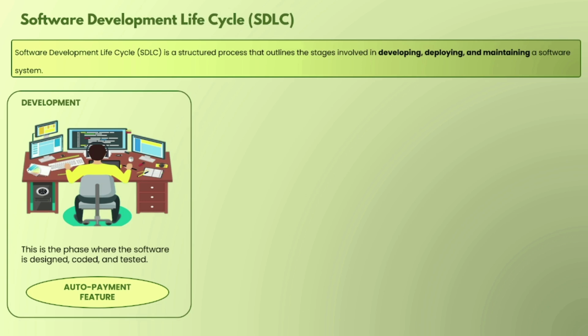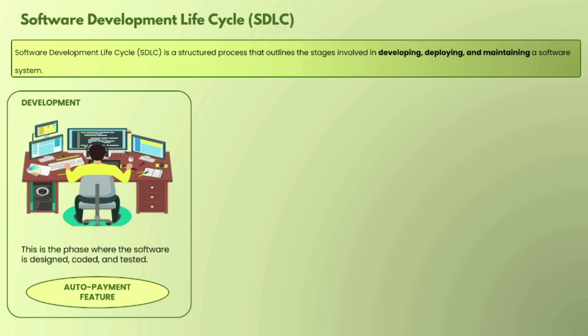Let's say we are developing an auto payment feature in the loan management system that allows customers to set up automatic EMI deduction from their bank accounts. Developers write the code, and testers test it and ensure it works correctly. Whatever software we are developing, it first gets designed.